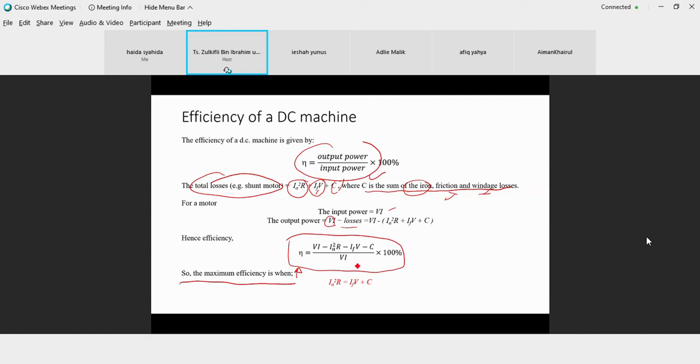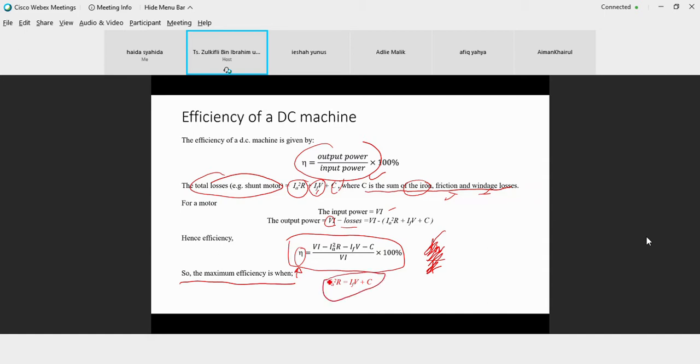When we differentiate, you want the maximum, so we differentiate with respect to I, and we get 1.